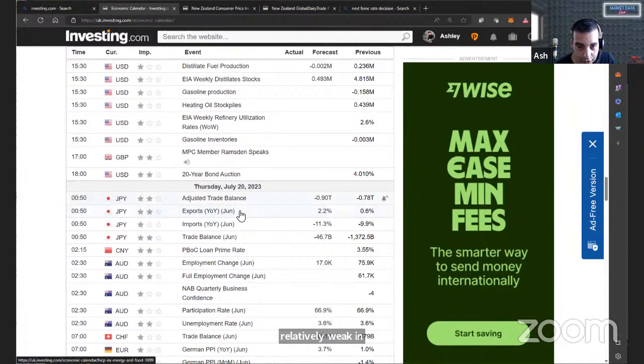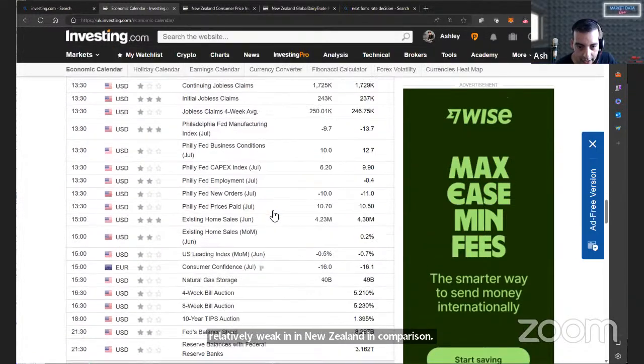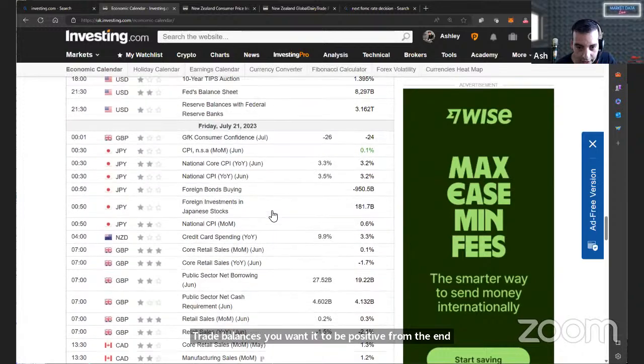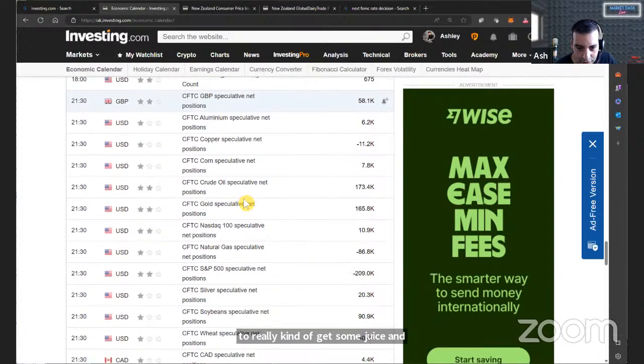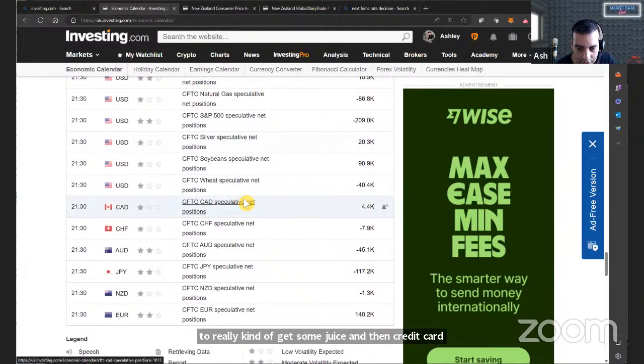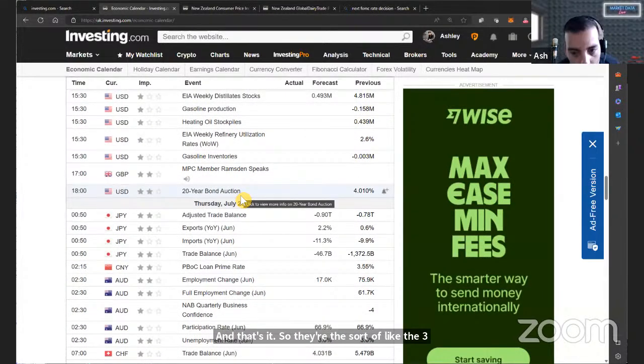Trade balances, you want it to be positive from the yen to really get some juice. And then credit card spending is not going to be anything that's going to move the market that much. And that's it. So they're the three things that I'd be putting front and center if I am focusing on those currency pairs.